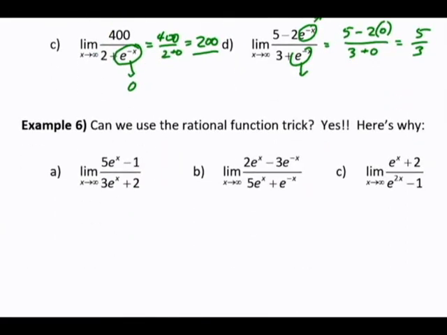The last thing we're going to look at is something similar to the rational function trick. That was where we looked at the lead coefficient when the degrees were the same. Recall that we figured that out through long division. We can do something similar here. To get 3 to turn into 5, we need the 3 to cancel and the 5 to remain.